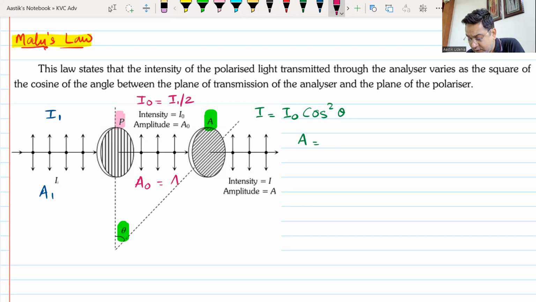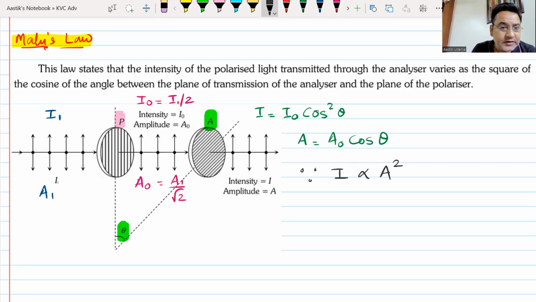A naught will be equal to A1 by root 2, and A will be equal to A naught into cos theta. Do we understand how I've got this? Yes. How I've got this? Intensity is directly proportional to A square. I'll give you a minute to note this down.